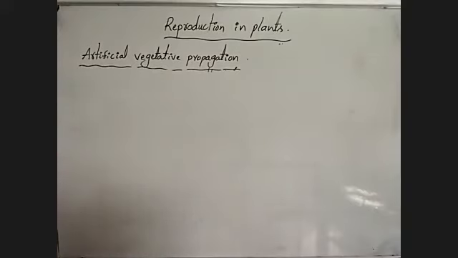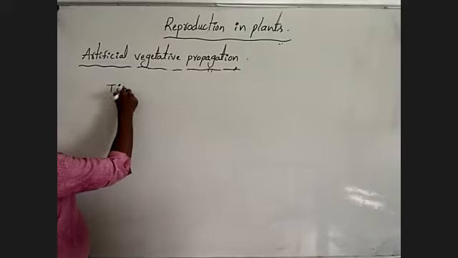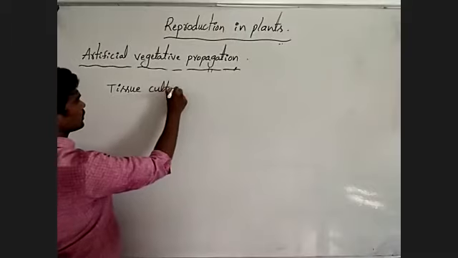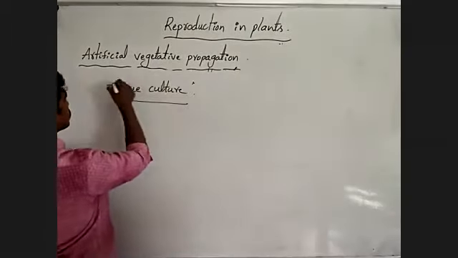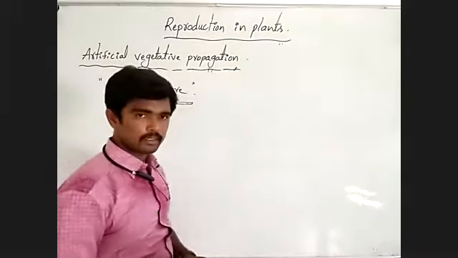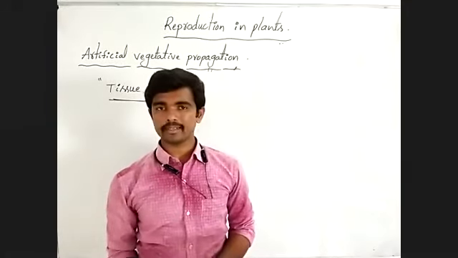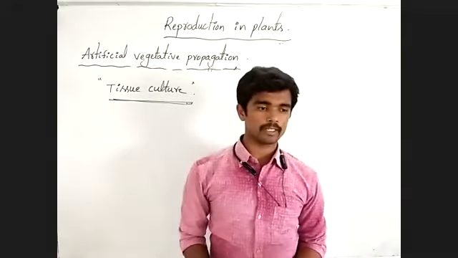Next, another artificial vegetative propagation method is tissue culture. Cutting, layering, grafting: these three are traditional artificial vegetative propagation methods.